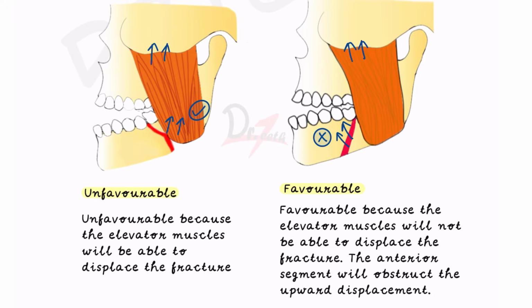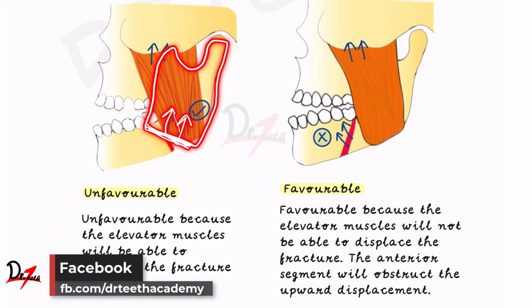Now what happens when we have a fracture of the body of mandible? Here I will be explaining the unfavorable and the favorable fracture. Here you can see we have this masseter muscle, okay, and the direction of the fracture is like this. From the tooth surface, the fracture line is going posteriorly. Now in this case, this entire fragment of the ramus can be easily pulled by this masseter muscle.